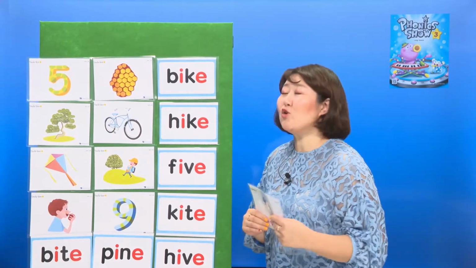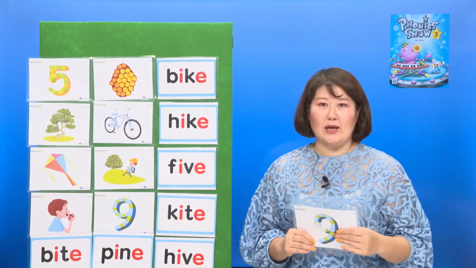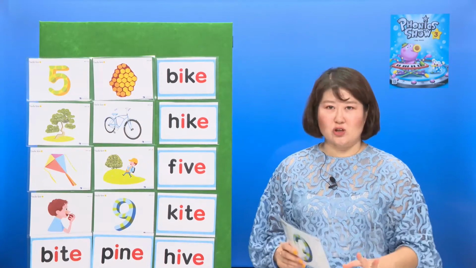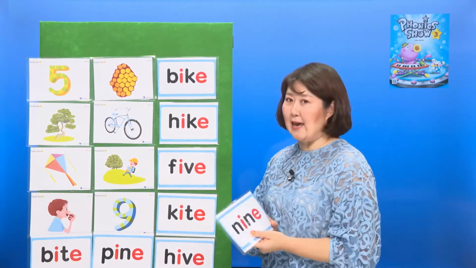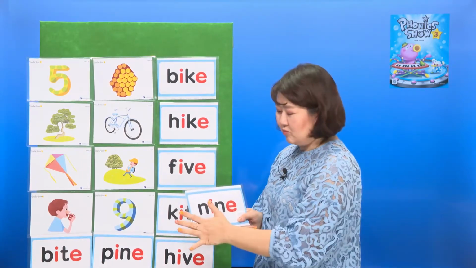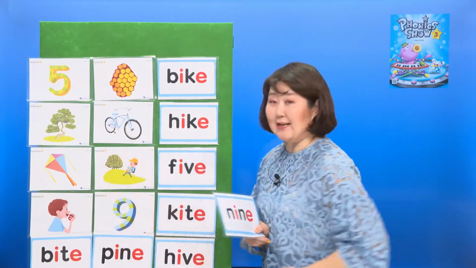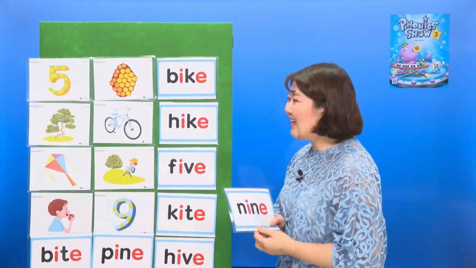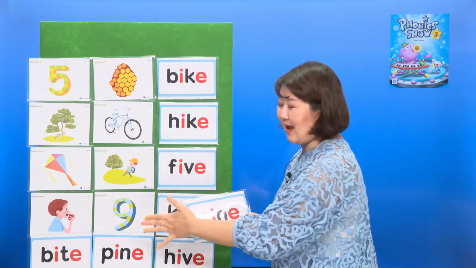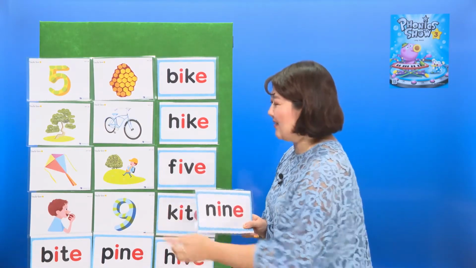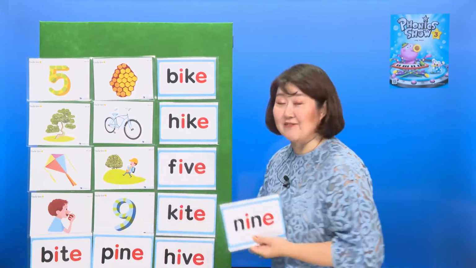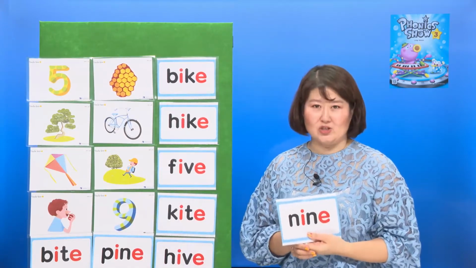If you want to play this game with very little children, you can expose all the letters and all the pictures like this, so they can find the perfect match, and they get two cards if they have a perfect match.